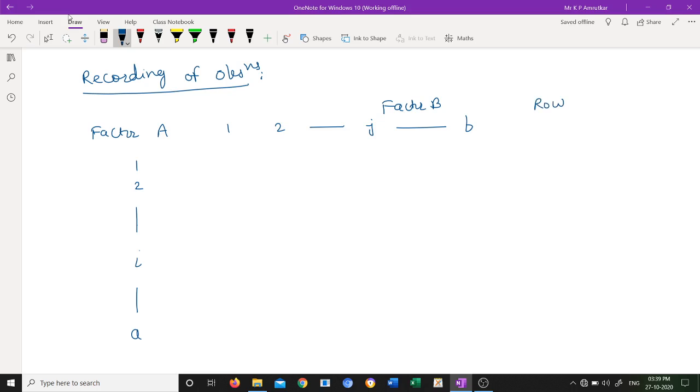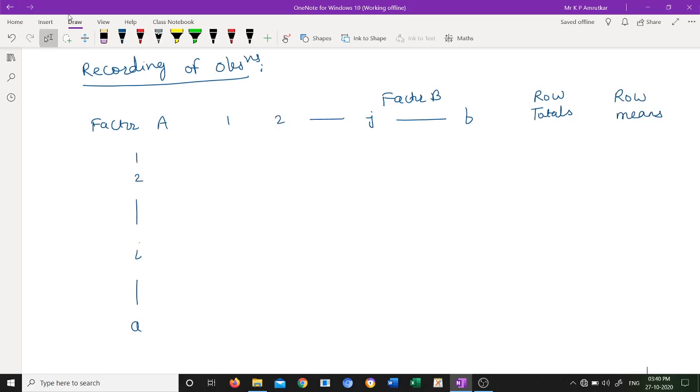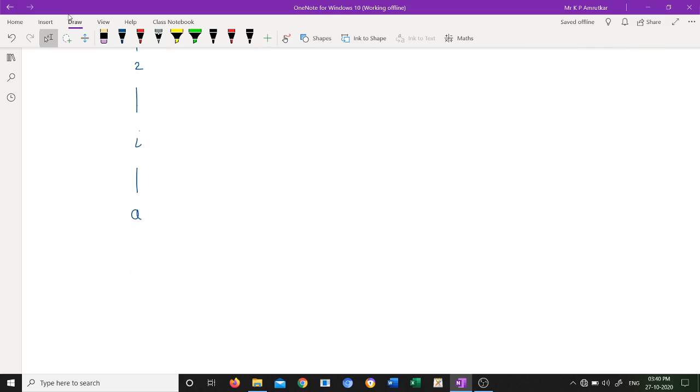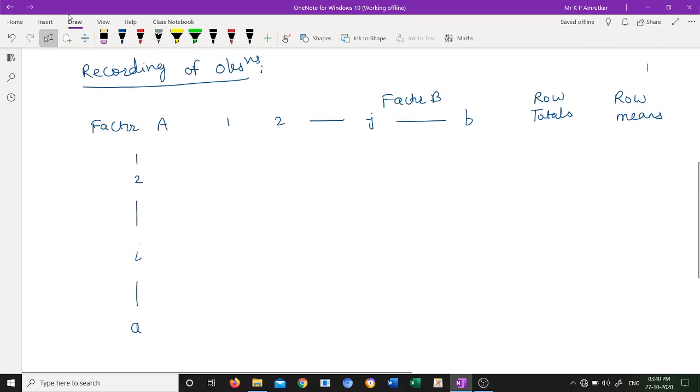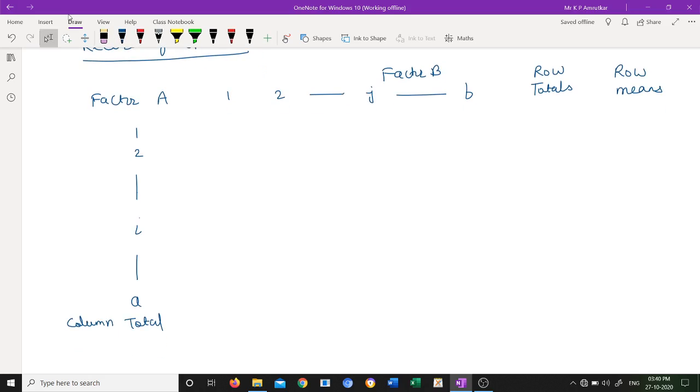The next column is of row total and row means. Here there will be column total and column means.